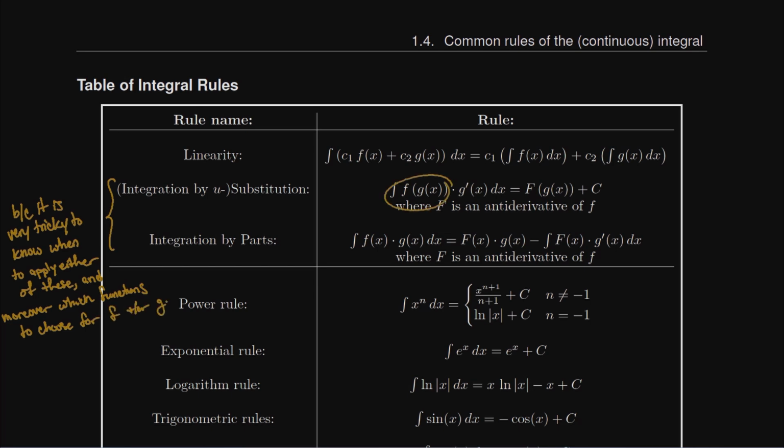In both cases we have these functions f and g, or f multiplied by g, and it's quite tricky to know which of the two cases you may want to use. It's even more tricky to know, even if you commit to substitution or integration by parts, specifically which functions f and g within a larger collection of terms in the integrand you actually want to choose to get a useful answer.